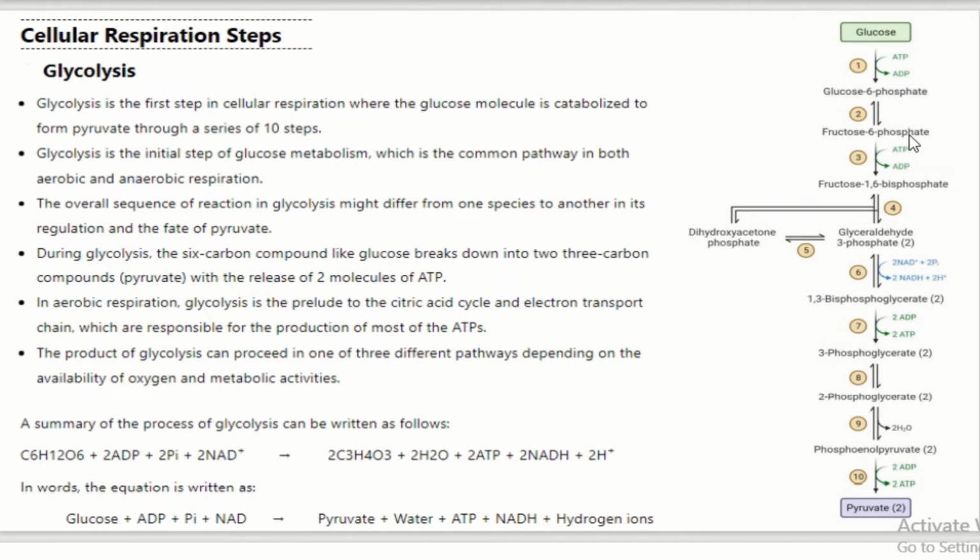The next step is fructose 6-phosphate, then fructose 1,6-bisphosphate, which will give you dihydroxyacetone phosphate and glyceraldehyde 3-phosphate. Glyceraldehyde 3-phosphate, two molecules, will give you 1,3-bisphosphoglycerate, two molecules, then 3-phosphoglycerate, 2-phosphoglycerate, and phosphoenolpyruvate, and finally pyruvate. You only have to know the names of these steps, no need to go into details.